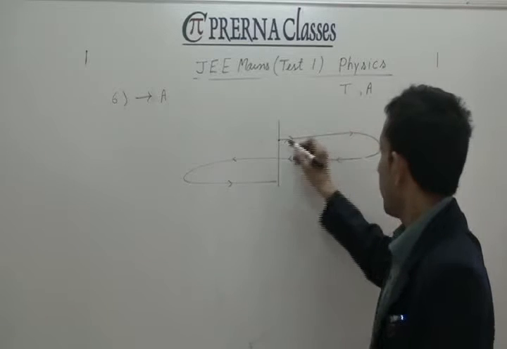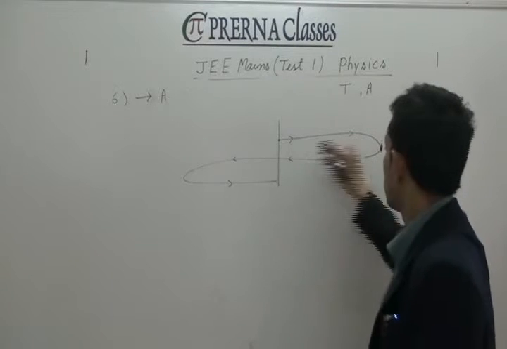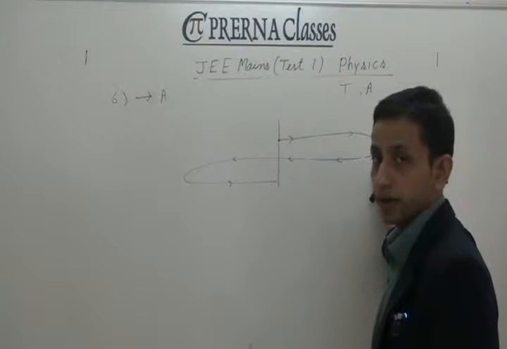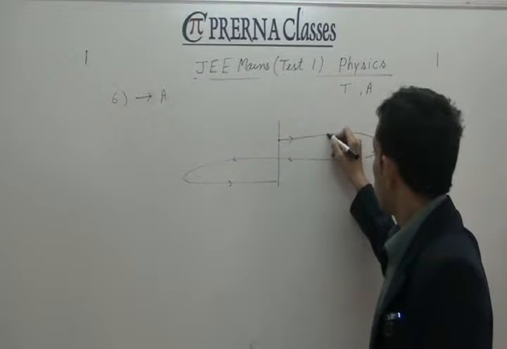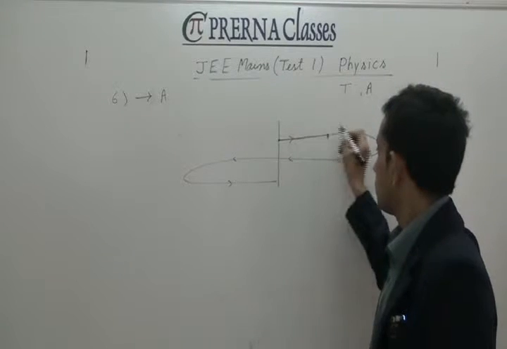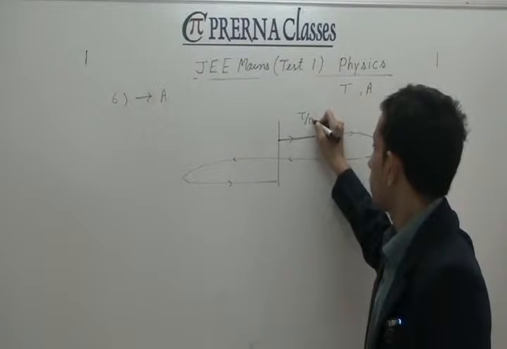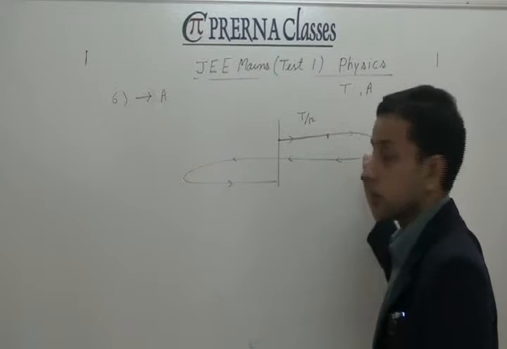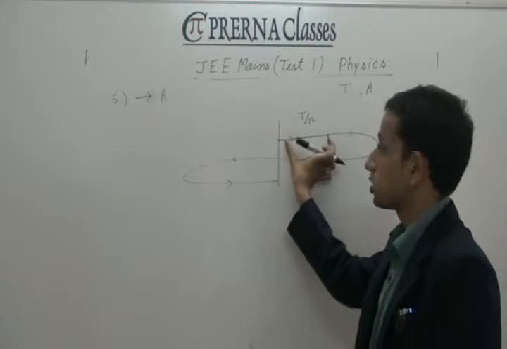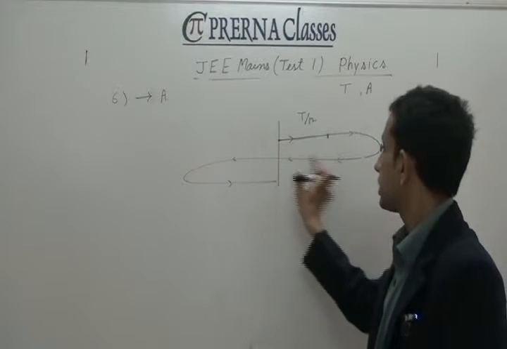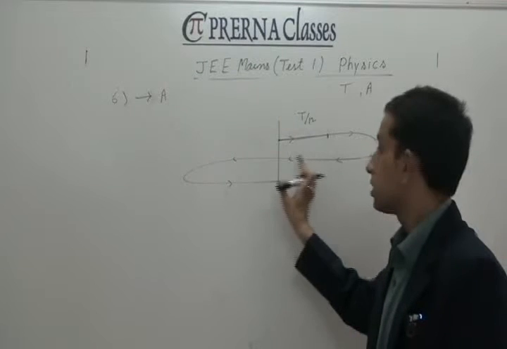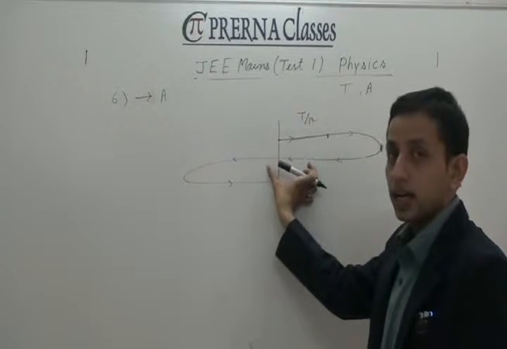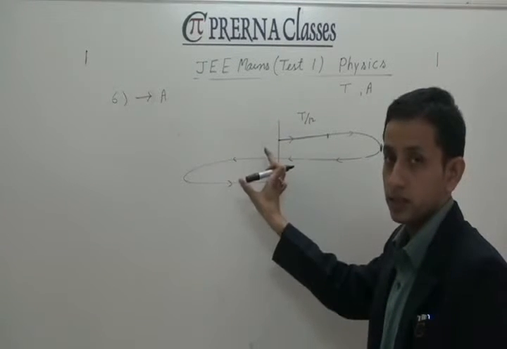A distance it will cover up to the extreme point. Now A by 2 distance is covered in T by 12 time, and after this point its velocity decreases. So if we consider the motion of SHM near the mean position, we will get more velocity and less time to cover the same distance.